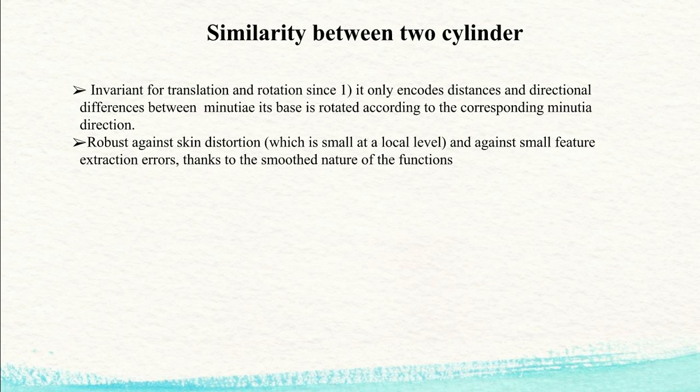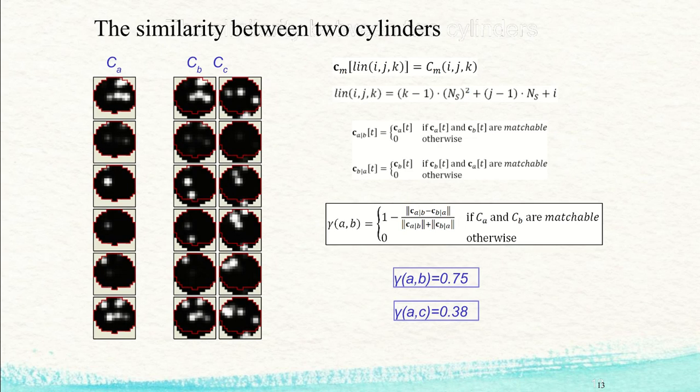So now we need to know about the similarity score. Suppose we have three cylinders, CA, CB, CC, and as we can see from this image on the left side, the value of K is equal to 6 for the three cylinders.